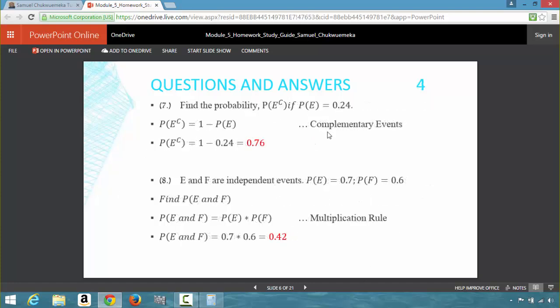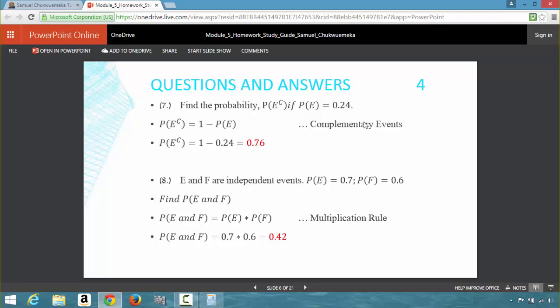Question 7 is a complementary events. Some textbooks will say complement rule. But complementary events are events that are like opposite each other.